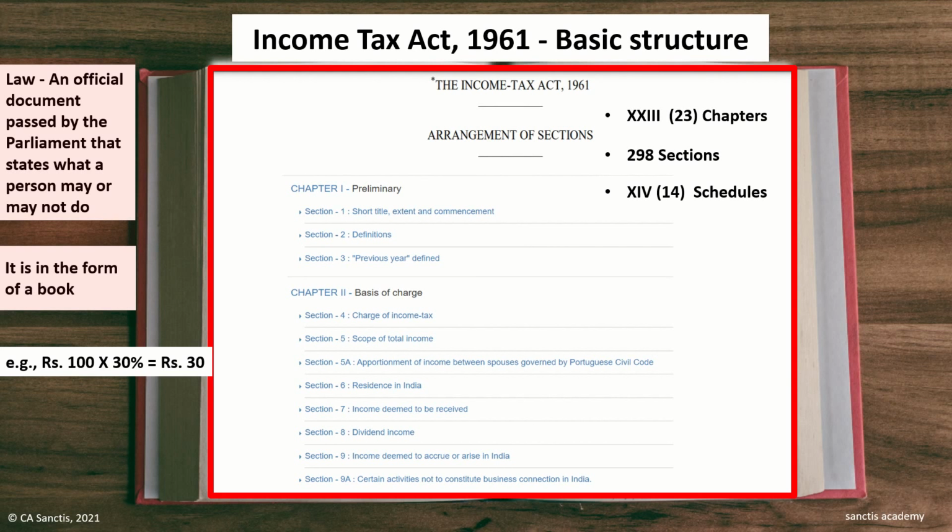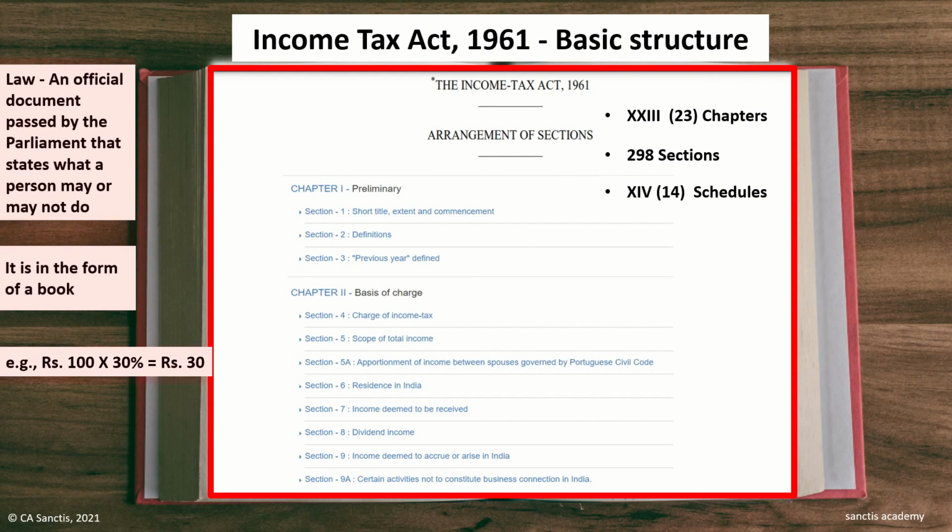And it also prescribes the rate at which tax is to be paid. We looked into an example of a person earning rupees 100 as income and the rate of tax being 30%. Therefore, the tax amount equals 30. That is, income on which tax is to be paid multiplied by the rate of tax equals the amount of tax to be paid.